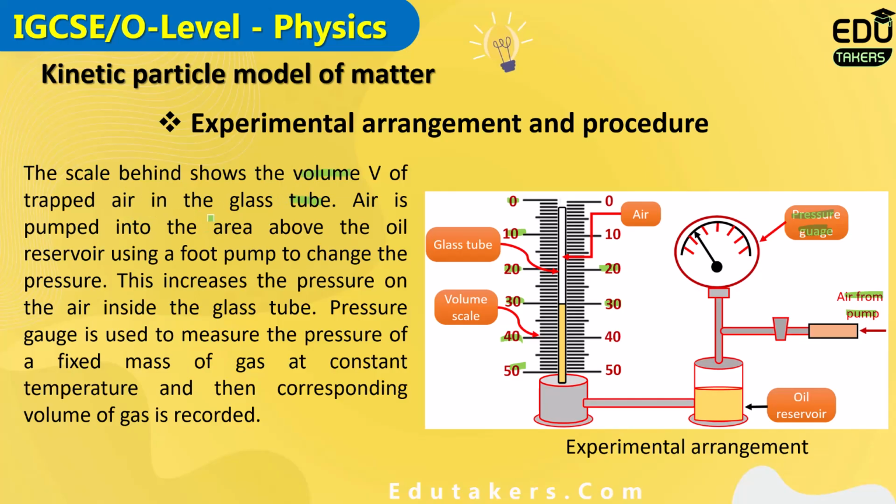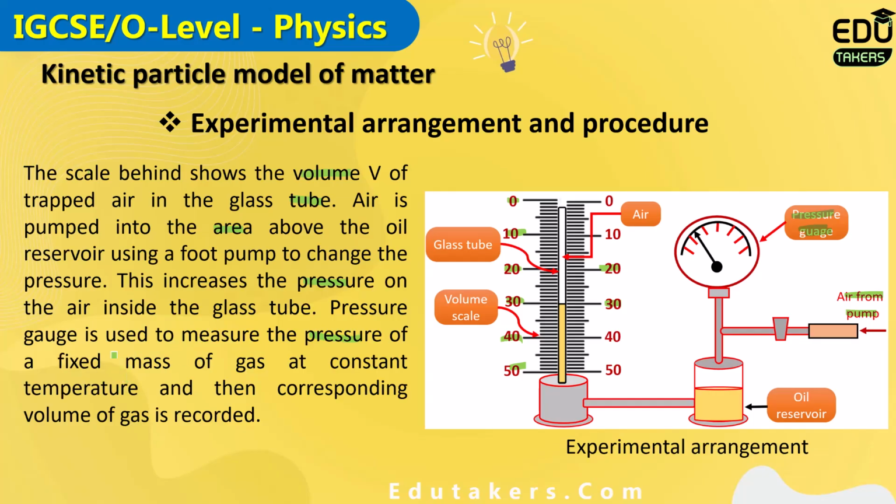Air is pumped into the area above the oil reservoir using a foot pump to change the pressure. So basically you have to use the foot pump so that the air is pumped into the area above the reservoir and you can easily change the pressure. This causes an increase in pressure of the air inside the glass tube. The pressure gauge is used to measure the pressure of the fixed mass of the gas at constant temperature.